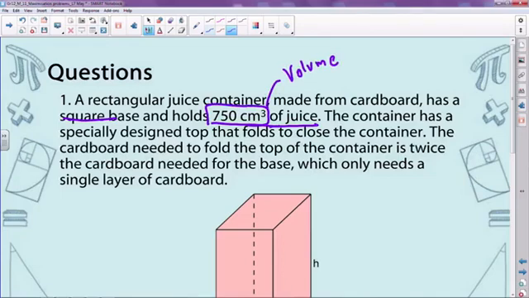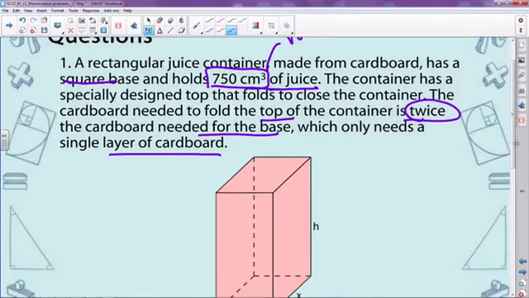The container has a specially designed top that folds to close the container. The cardboard needed to fold the top of the container, and this is the important thing now, the cardboard on the top is twice the cardboard needed for the base, which only needs a single layer of cardboard. So say your base needed 10 centimeters squared of cardboard.